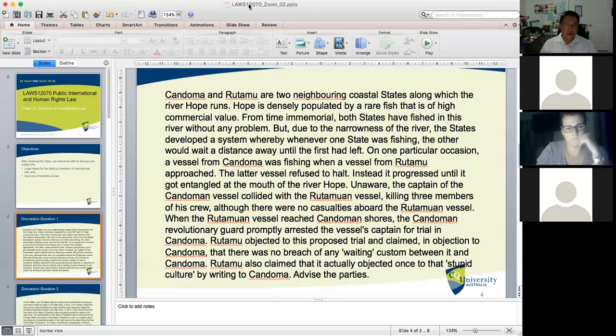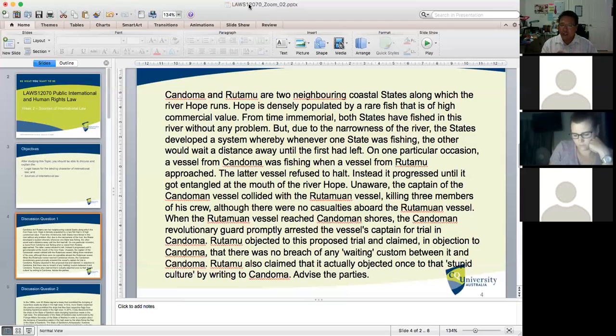Okay. So what has to be clear as far as the creation of international customary law is concerned? And here we're dealing with a regional custom. In fact, we're dealing with a bilateral custom. It's just between two states. So because it is just between two states, both states must have felt obliged to perform a certain state practice.